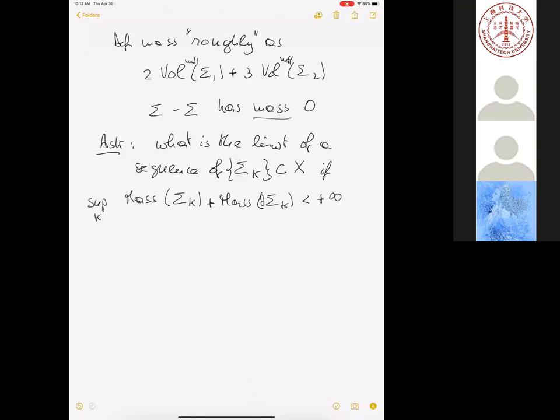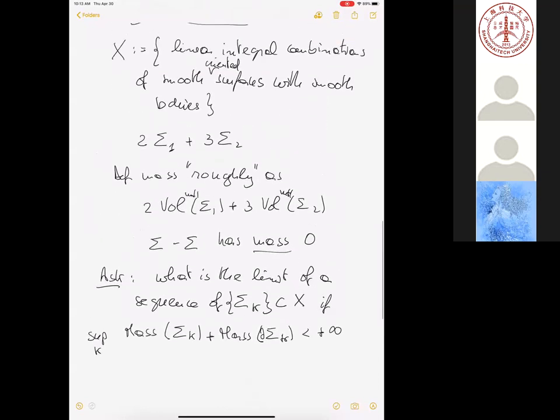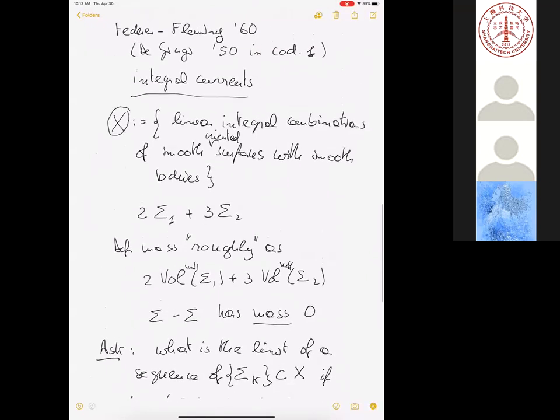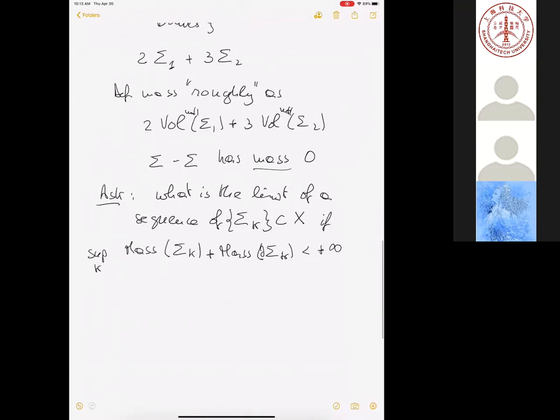Okay, of course, what I understand as limit of such a sequence, even if you have, say, some compactness statement, probably you have to pass to a subsequence. So what I'm then sort of asking is, what is the closure of this set X over here under such a control?